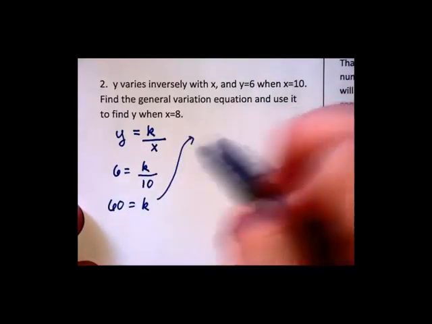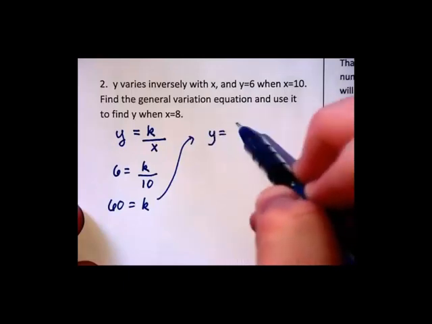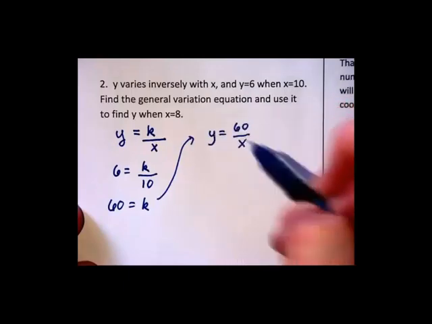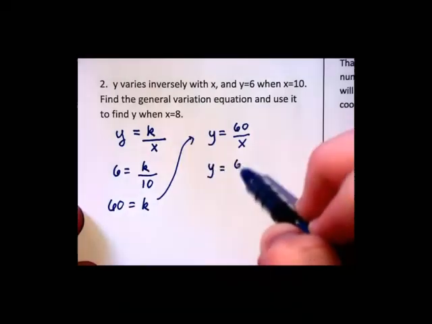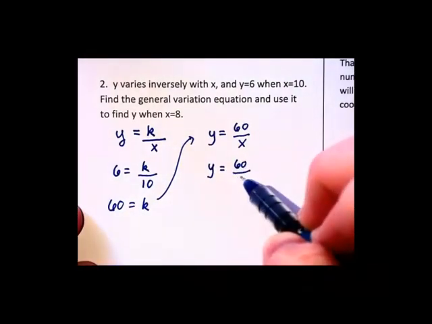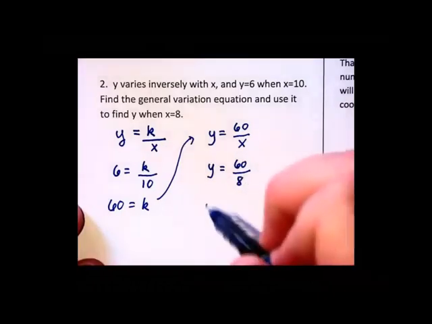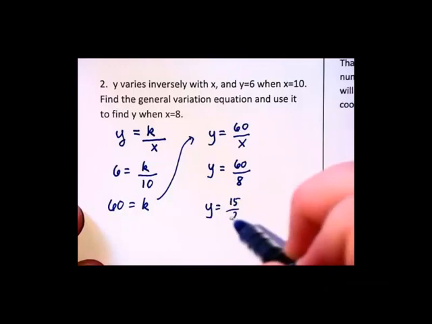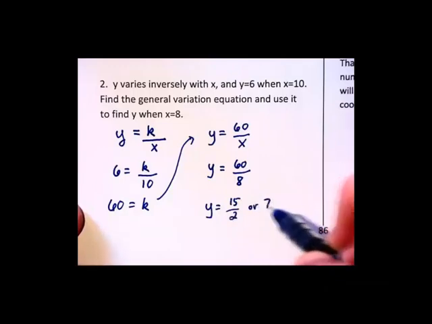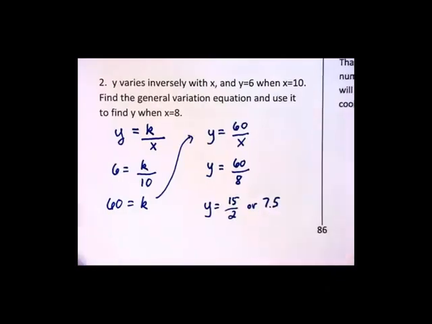We can substitute that in and write the general equation 60 over x, and then use it to find y when we substitute in 8 for x. Dividing each by 4, we get 15 over 2. If you want to write that as a decimal, we could have that as 7.5.